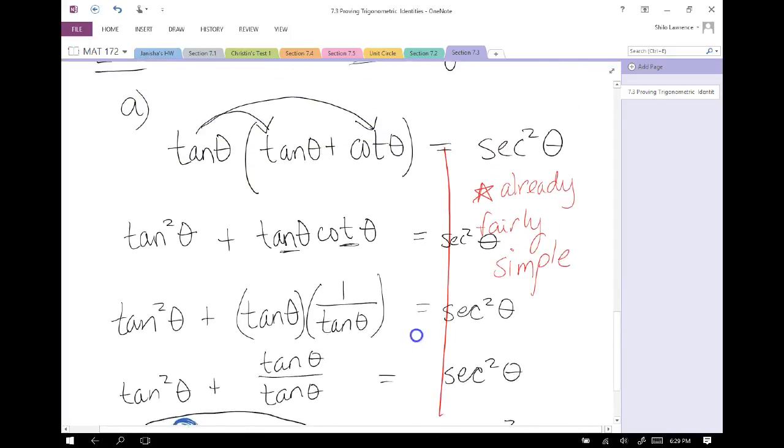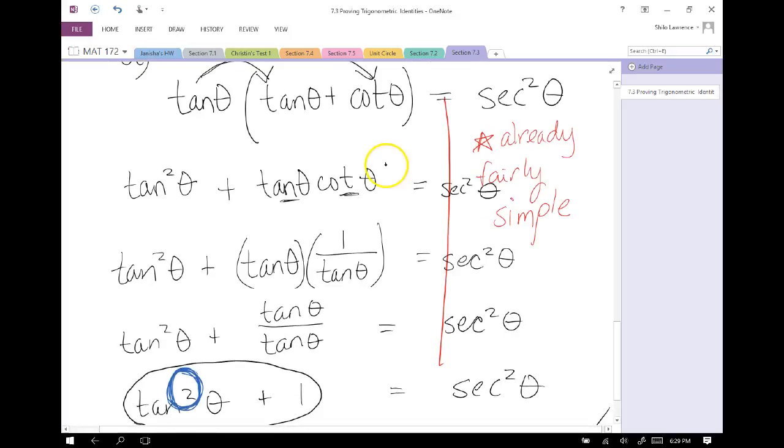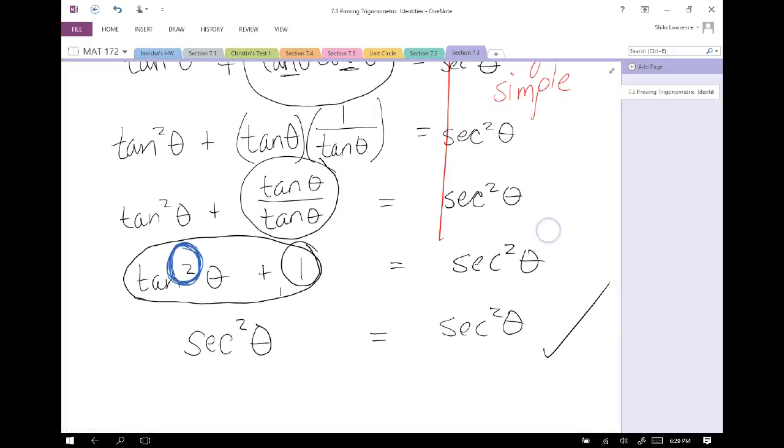So I started at the top by distributing my tan. I got tan squared plus tan times cotan, and then I recognized that these guys are just reciprocals of one another. So I rewrote cotan as 1 over tan and multiplied and got 1. A lot of people are going to stop there and say, that's true, so I'm done, I've done it.